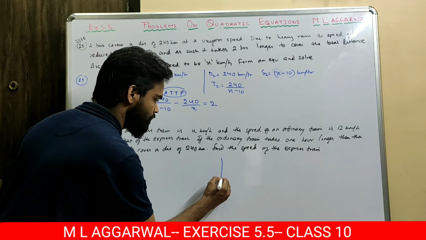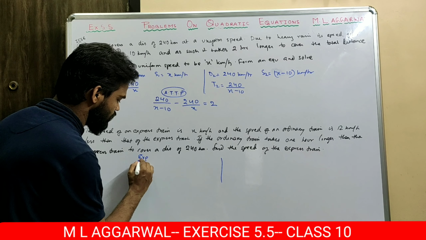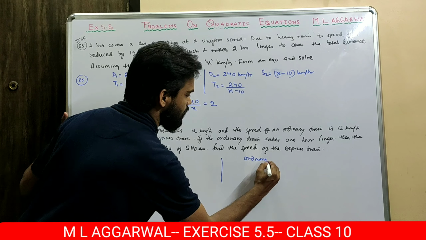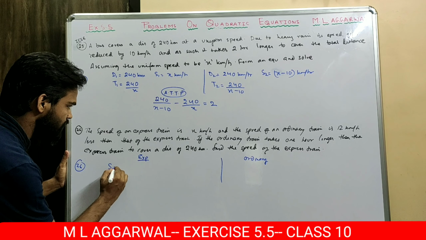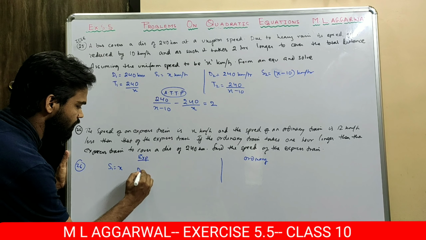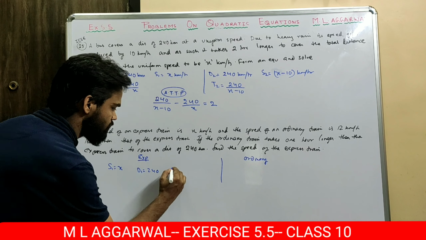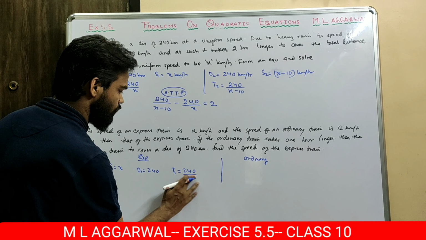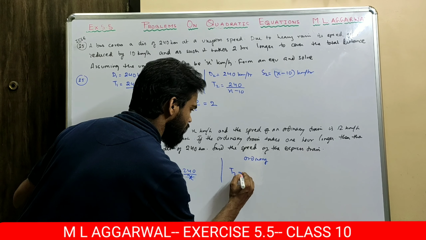Same way, you have an express train and an ordinary train. Over here, the speed is x and the distance is 240. So time 1 will be 240 by x. Over here, T2 I am directly writing.